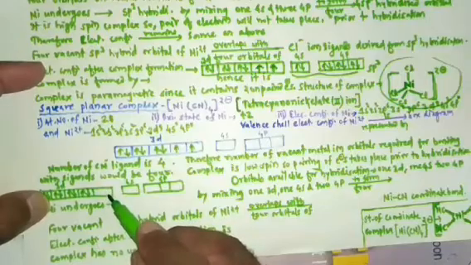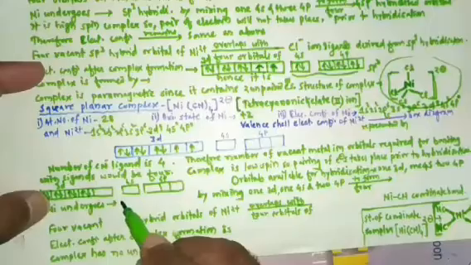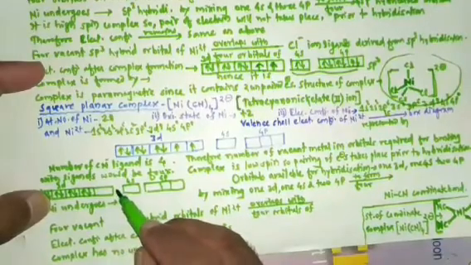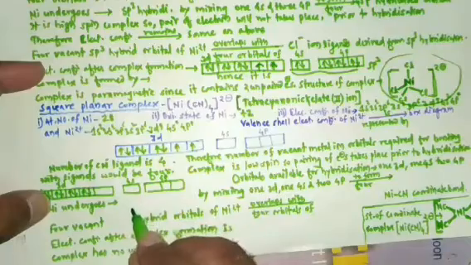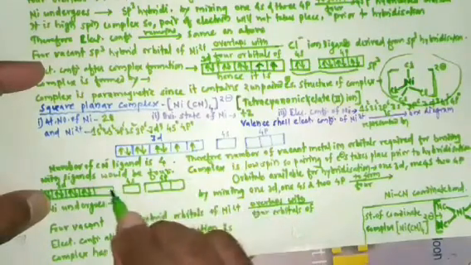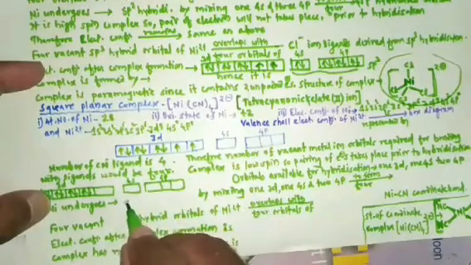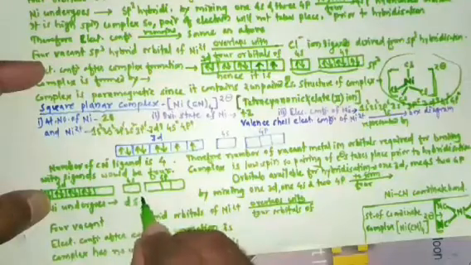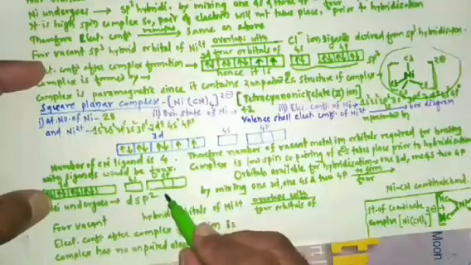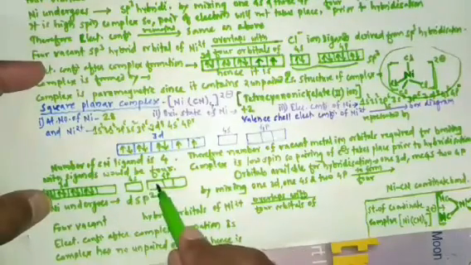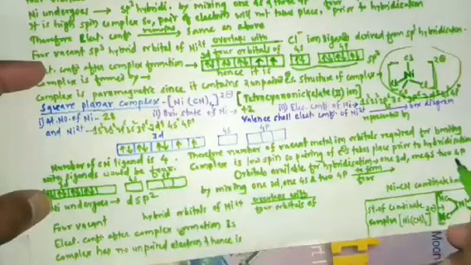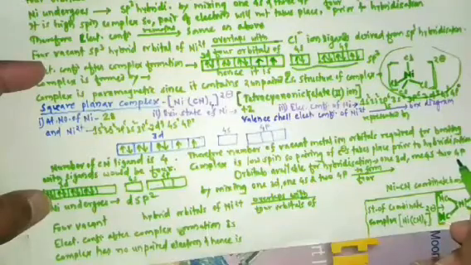So here nickel undergoes hybridization. The type of hybridization is: one d orbital is there, therefore d, sp2. So nickel undergoes dsp2 hybridization because 4p orbitals are there.